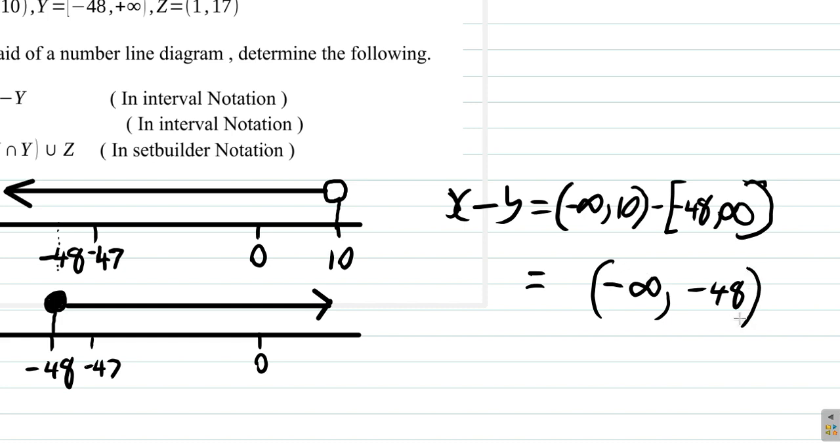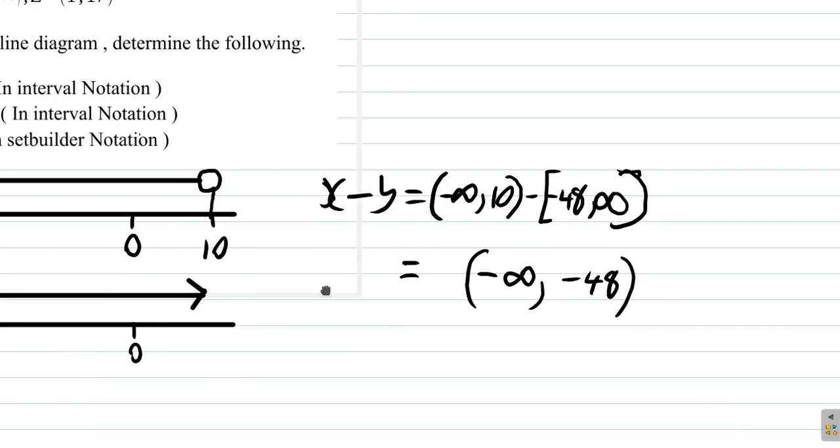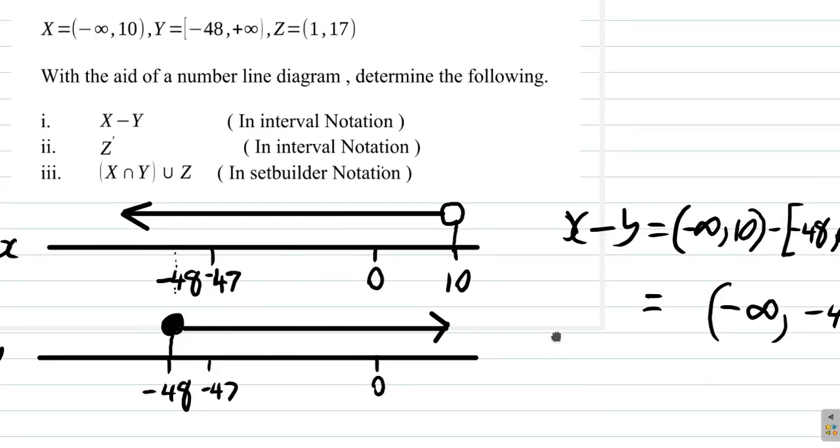And remember, negative 48 is in y. It must be in x but not in y. So since negative 48 is included in y, you cannot write a square bracket beside it because it must not be in y. So you write a round bracket. You're talking about less than negative 48 going towards negative infinity.